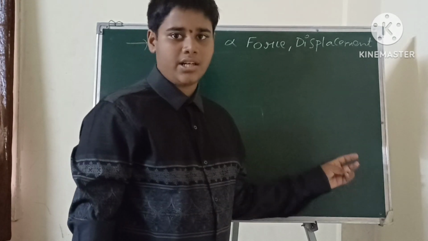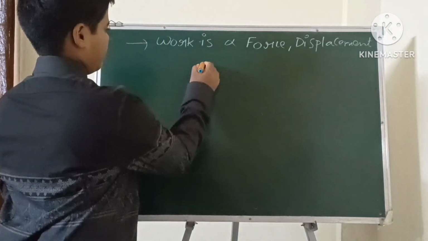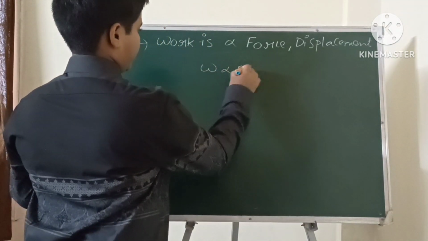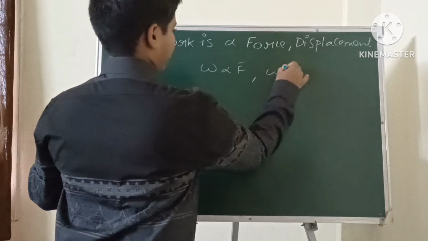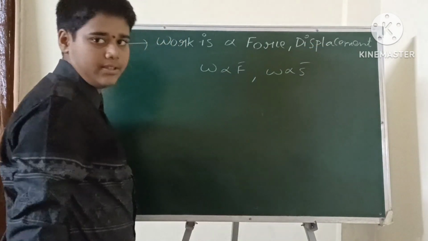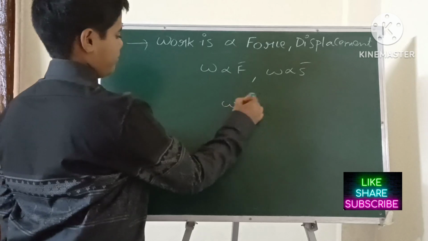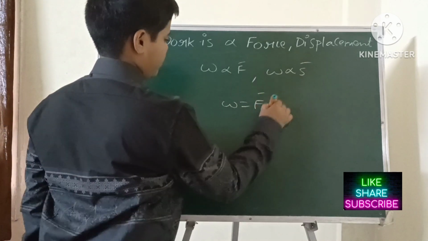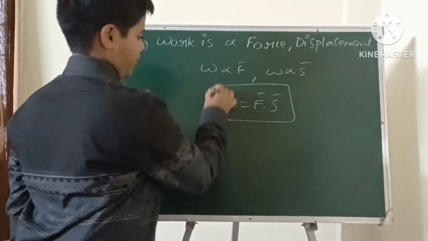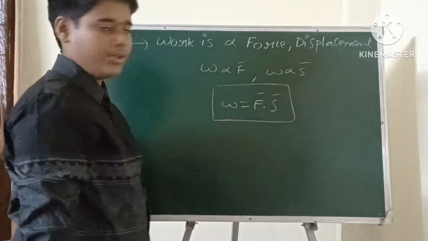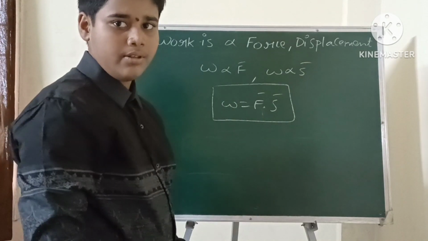So that case is called work. Work is directly proportional to force, and work is directly proportional to displacement. So work is equal to force dot displacement. Because these two are vectors, we should do the dot product. Okay?